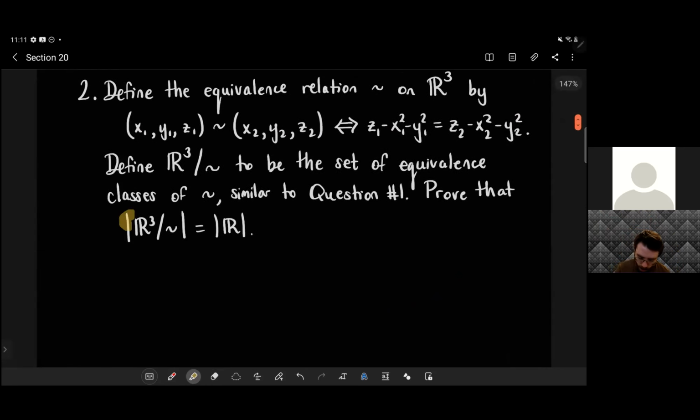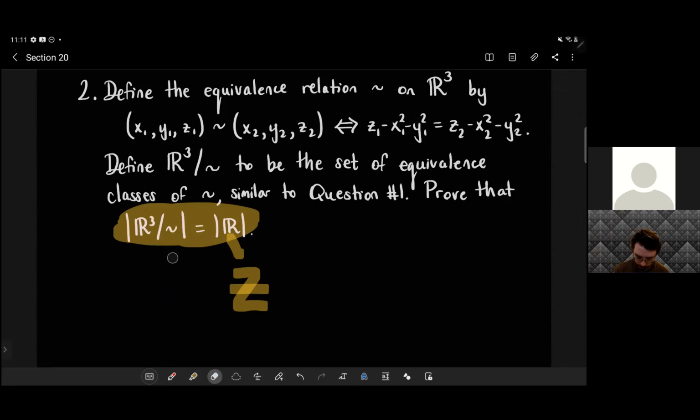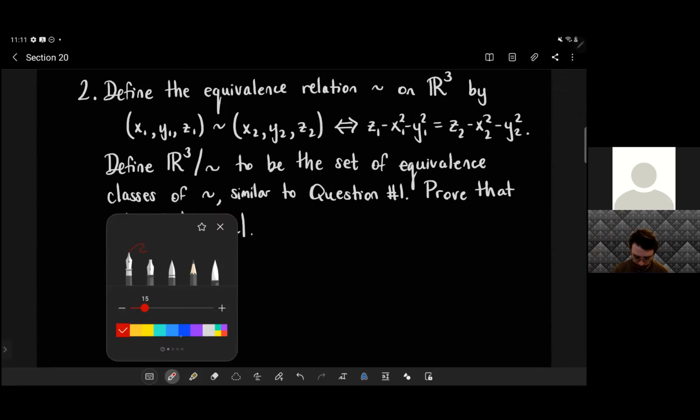Now, phrasing it like that and drawing that picture hopefully makes you think, okay, for every equivalence class, an equivalence class is going to be a paraboloid, and this will be your z value, how high you're shifted on the z-axis. And so there's our bijection. Let's write it down.